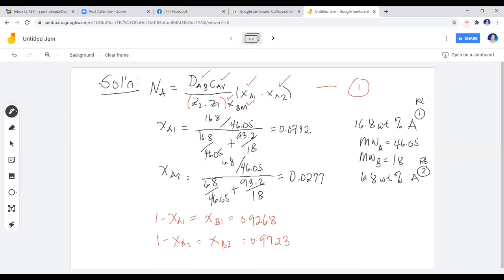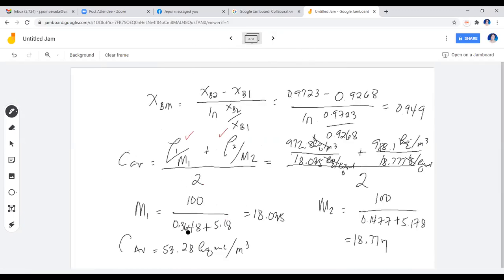We'll have 16.8, we divide by 46.05. It's correct, 0.36. That's moles A, 0.36 for 40. This is 40. And this is, okay. What about moles of B?